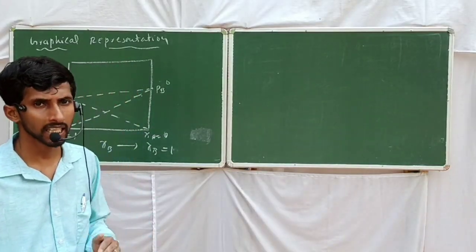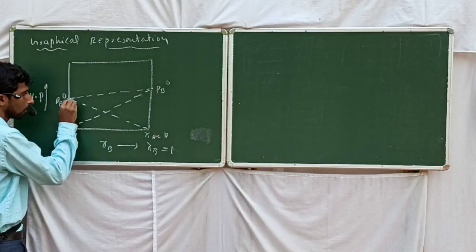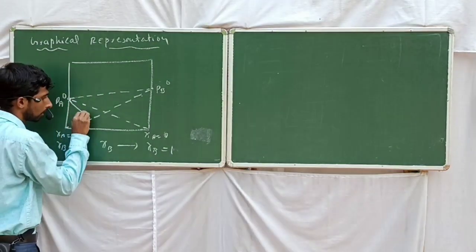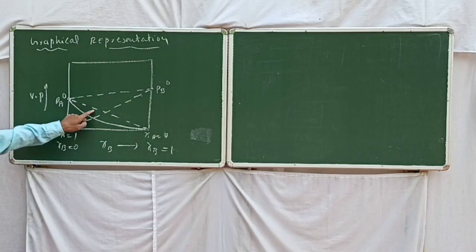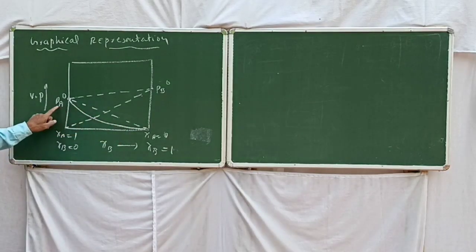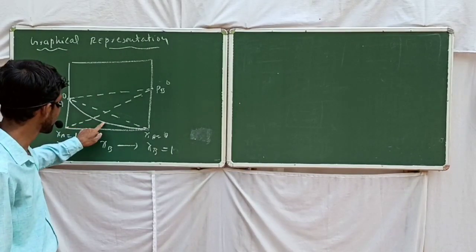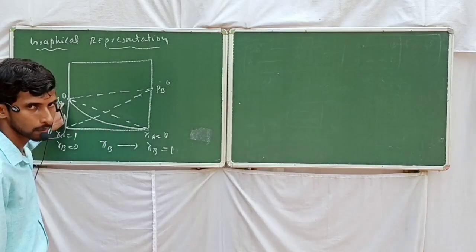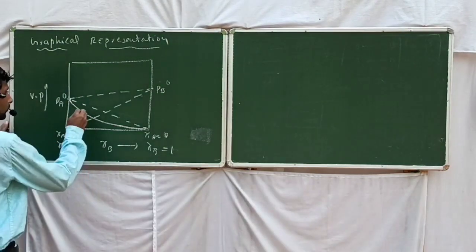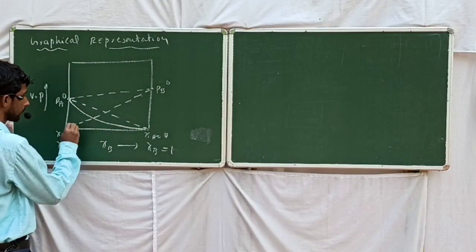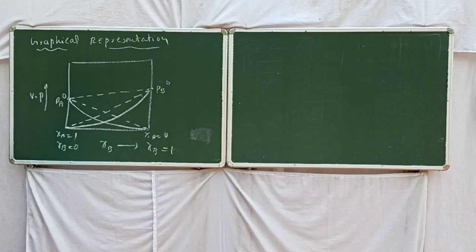But in this case, we are taking a non-ideal solution showing negative deviation. So the vapor pressure of the solution is lower than that calculated from Raoult's law. This dotted line indicates the vapor pressure of component A according to Raoult's law. This solid line indicates the experimentally determined vapor pressure of A, which is smaller than that calculated from Raoult's law. Here also the vapor pressure of B is lower than that calculated from Raoult's law.